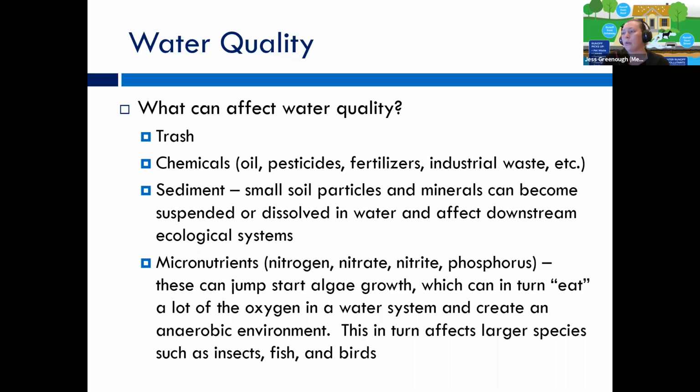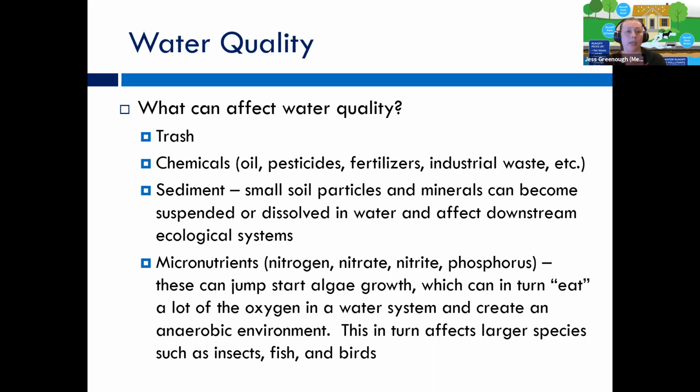And then micronutrients are a big deal too. That's probably the biggest one from an ecosystem standpoint. When you have a lot of micronutrients, like nitrogen, phosphorus, potassium, magnesium, things like that, a lot of those come from fertilizers or additives in fertilizers or are used in industrial processes. But those micronutrients, you can't see them. You can only tell they're there if you test for them.